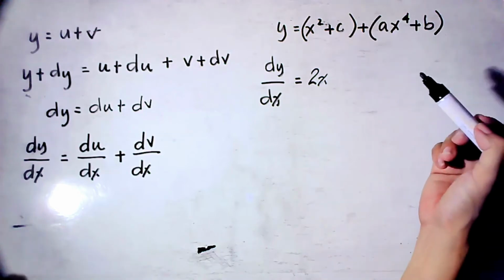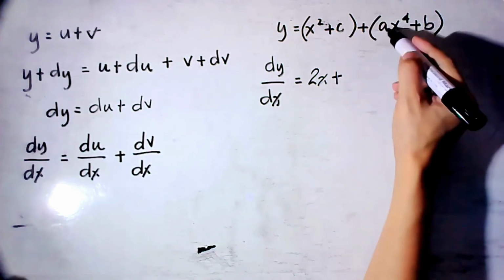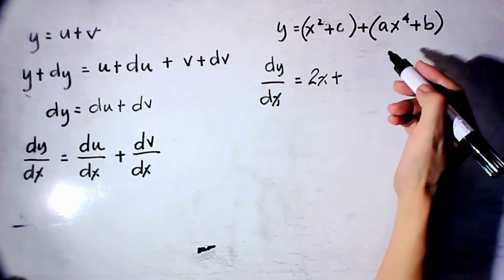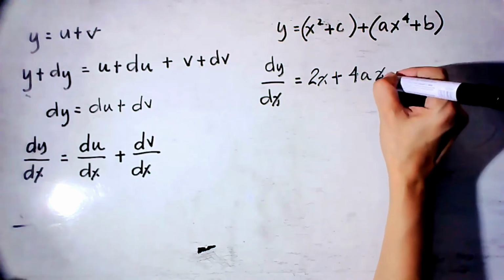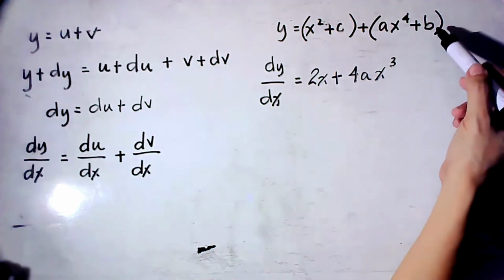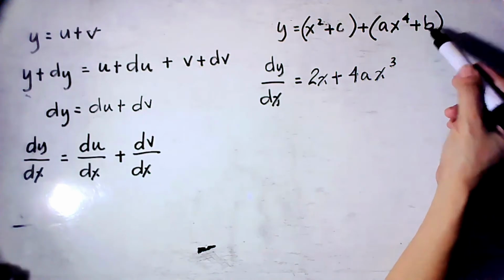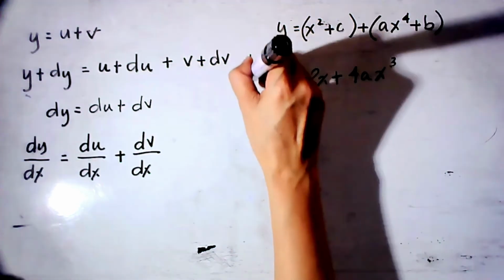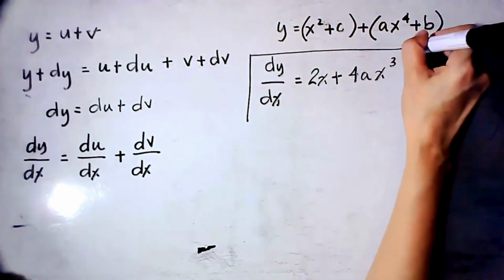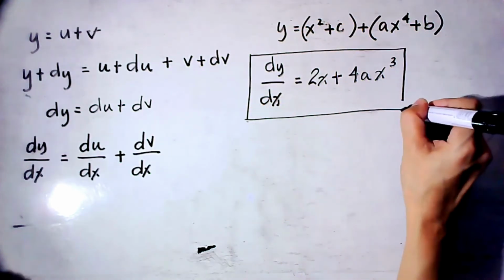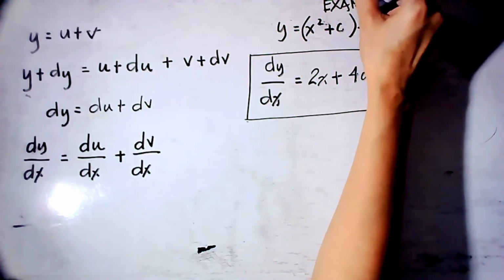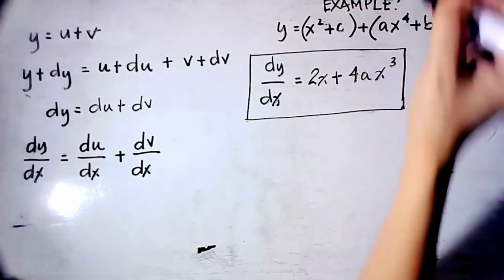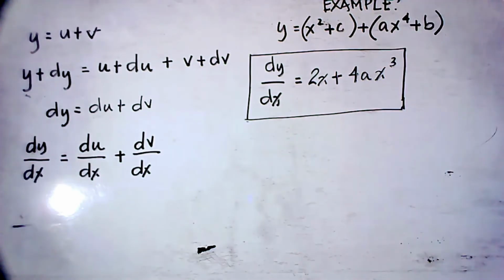The derivative of the constant is 0, plus the derivative of ax to the fourth, which is 4 times a times x raised to the third power, plus the derivative of the constant, which is equal to 0. So that means the value of dy over dx is equal to 2x plus 4ax cubed.